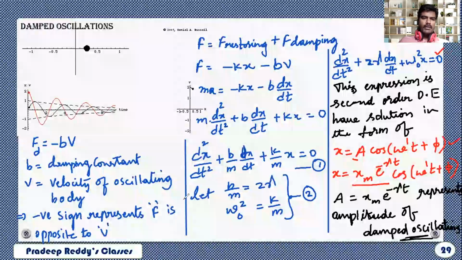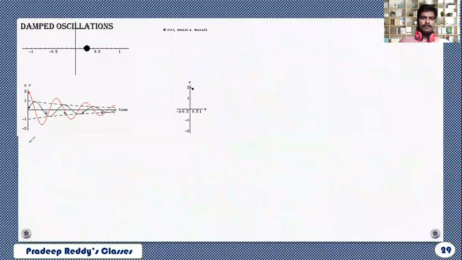So we have got the equation for amplitude, that is x is equal to xm. I'm sorry, it's not x. It is A is equal to xm e power minus gamma t, where xm is equal to the initial amplitude.